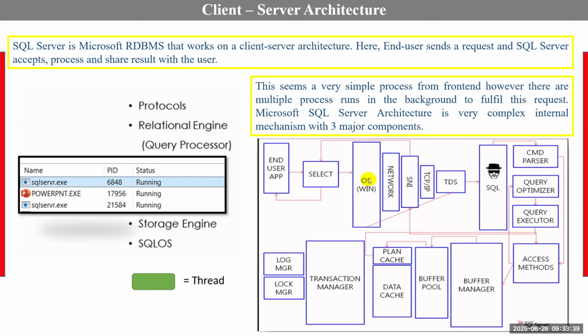The access method will send a request to the buffer manager, which contains the data cache. If data is available, it will get the data to the requester. If there is no data, it will get the data from the database and send it to the user. That's it, sir. I know it is hard to explain, but you need not memorize all this stuff, sir, if you understand the flow.